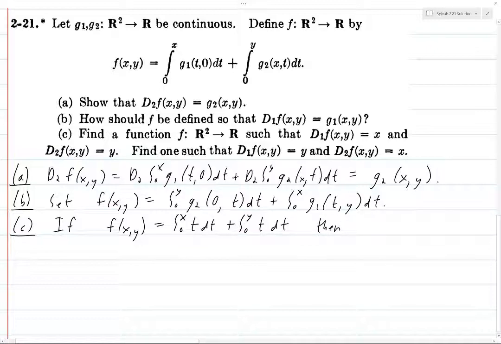So then, as I've said, d1 of f of x, y will be x, because the first term will be x by the fundamental theorem of calculus, the second term will be 0, and d2 of f of x, y equals y.